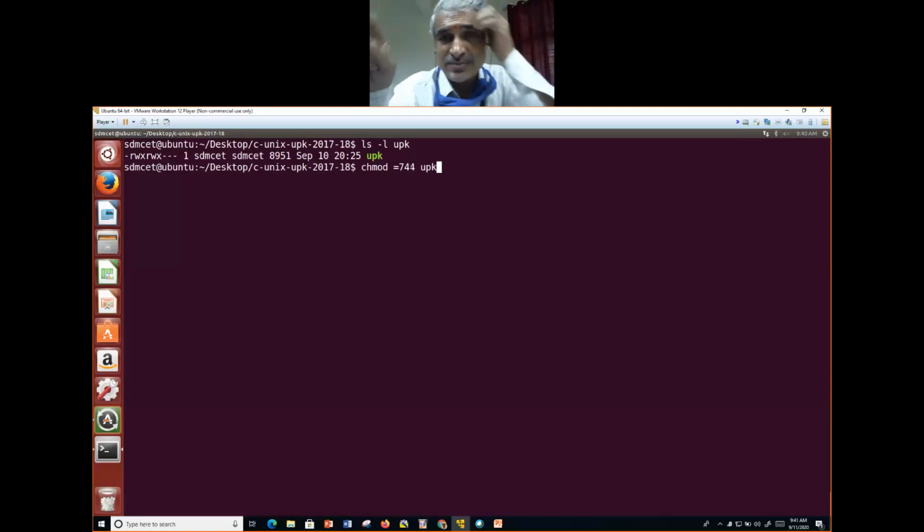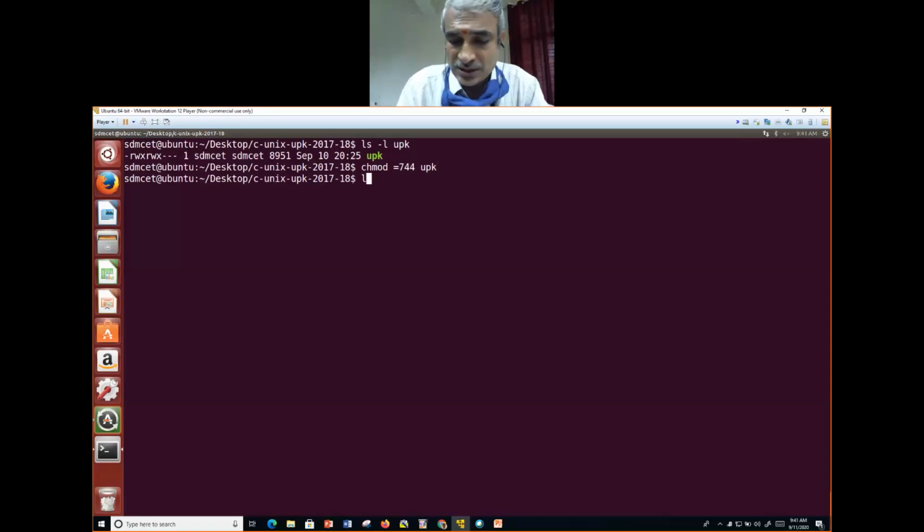Please remember, change mode equal to will set whatever is given, removing and ignoring whatever existing thing is. This is the final access permission. 7 is read write execute for the owner, 4 is only read for the group, and the last 4 is read only for others. I'll do it now.